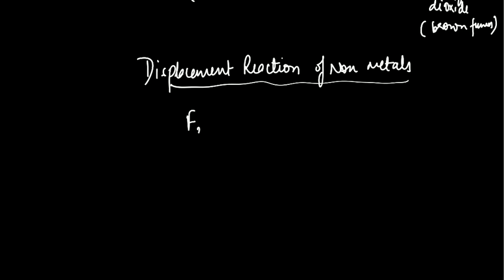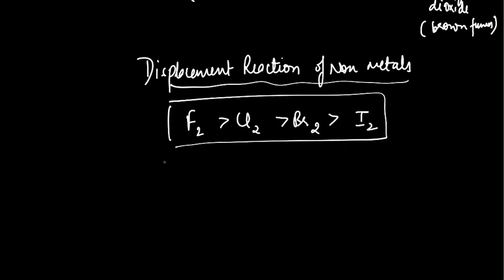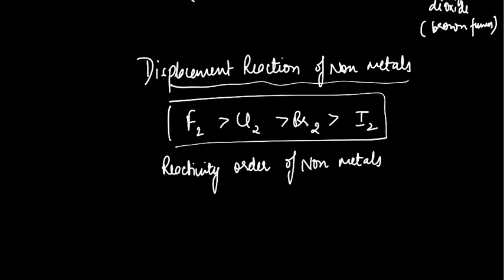So we will follow this reactivity order. We are not going to add many non-metals. We don't even have many non-metals in the periodic table. We are just going to add these four over here, and they belong to the very famous 17th group elements.